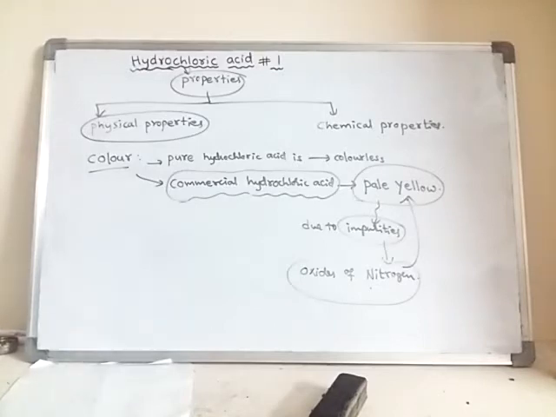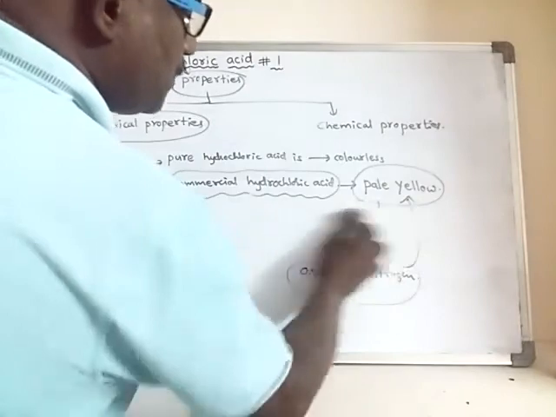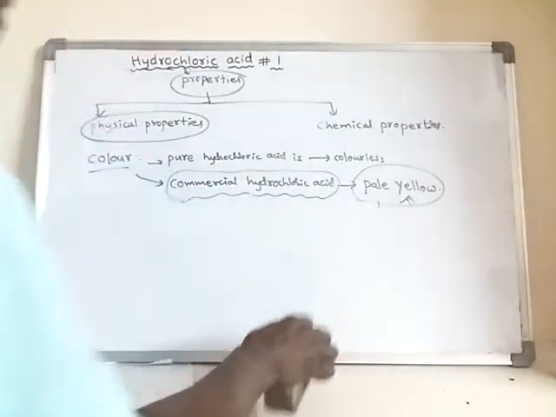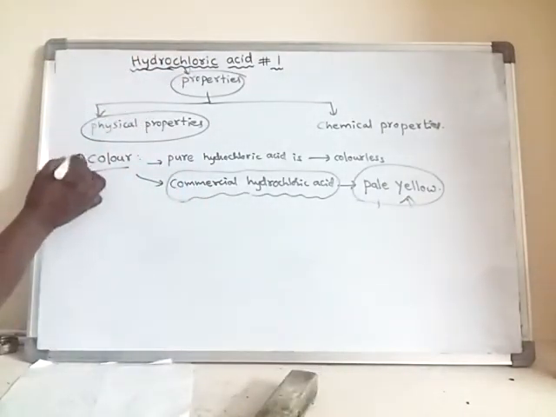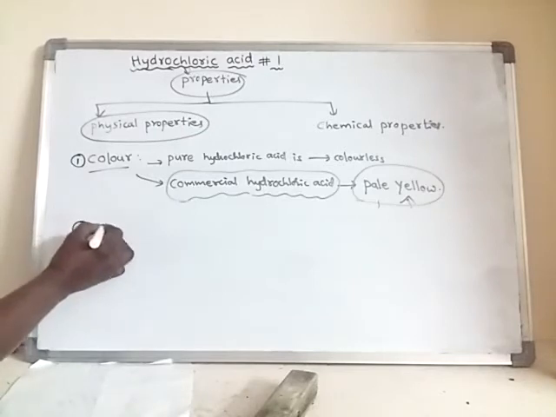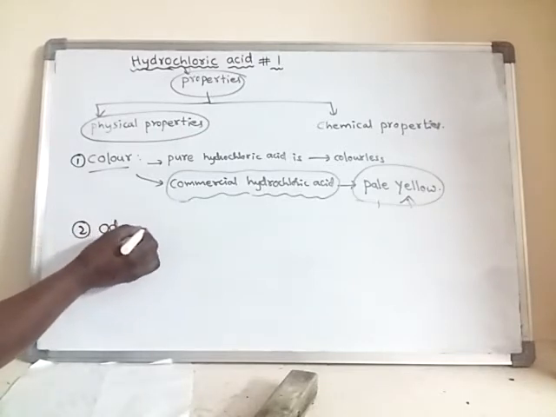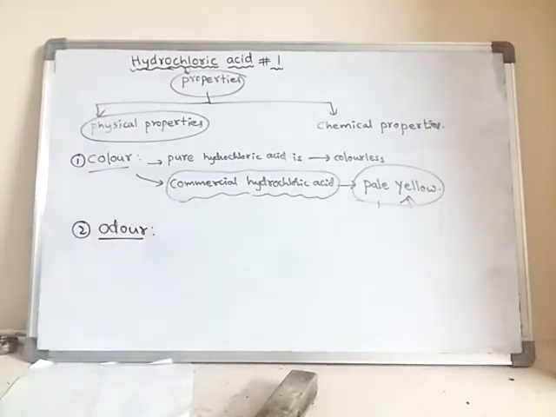Next physical property is odor. What is odor? Odor means smell. It smells exactly like hydrogen chloride gas.